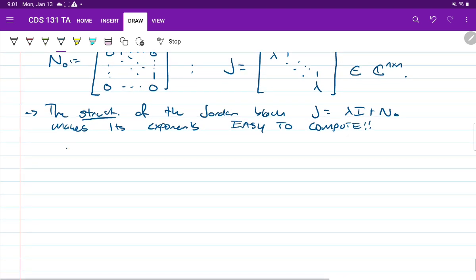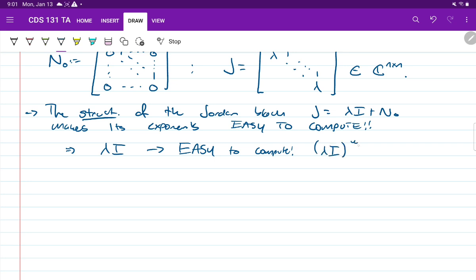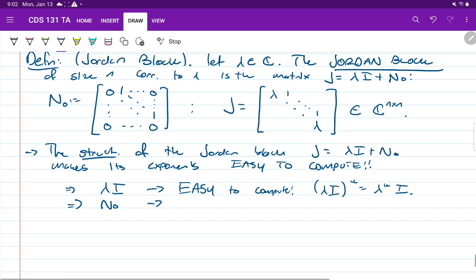First up, we know how to compute exponents of lambda I, super easy. If I take lambda I and raise it to the k, that's just equal to lambda to the k times I. Now it turns out n naught, this matrix with 1s on the super diagonal, also has easy exponents. So it also has nice exponential structure.